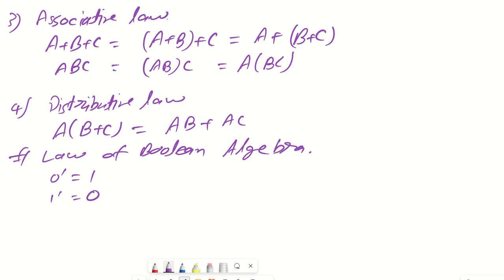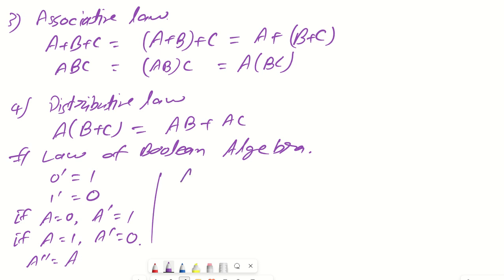So if my a is equal to 0, then what will be a prime? a prime is going to be 1, or if my a is 1, my a prime is going to be 0. So this is how it will work. Now if a double prime, what will be the result? Again a prime is a prime and then the prime of that is a. So this is how it is done.